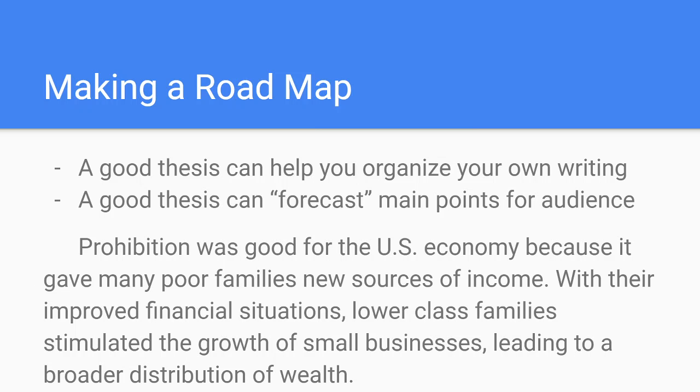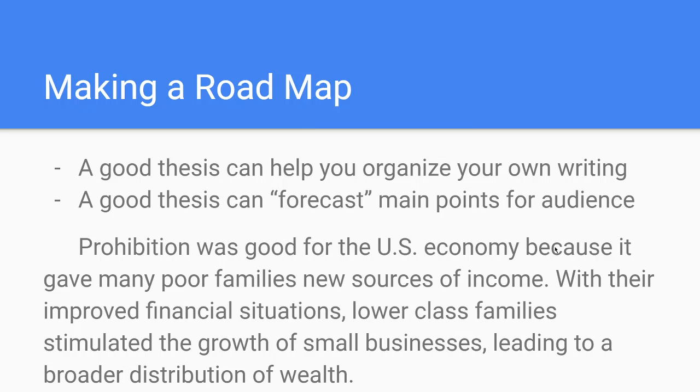So let's walk through how this is kind of forecasting the main points. If I were to sit down and read this thesis, I would have a certain expectation for how the writer was going to organize their thoughts. First of all, in their intro, they'd probably talk about prohibition. What kind of prohibition are they talking about? And they might say a little bit about the U.S. economy at the time.